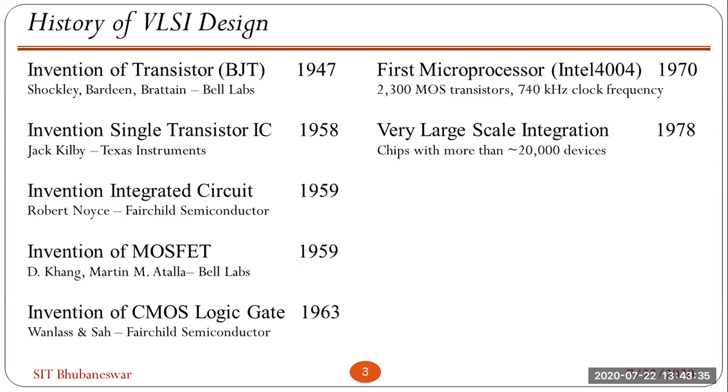After that, in 1978, very large scale integration started. A chip came with more than 20,000 devices. From that time, all the chips are called very large scale integration, meaning VLSI chips.